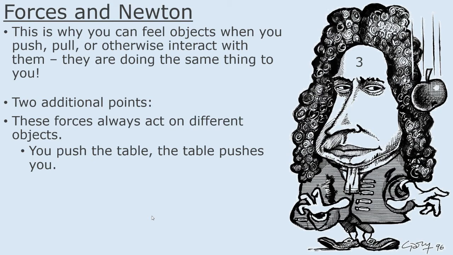At the moment, we are just considering Newton's third law. They always act on different objects. So there's an example: you push the table, the table pushes you. You've always got to have two objects and they're acting on each other. So there's you pushing the table, and nothing else pushes the table, but the table pushes back on you.